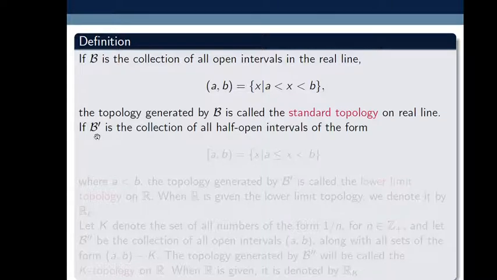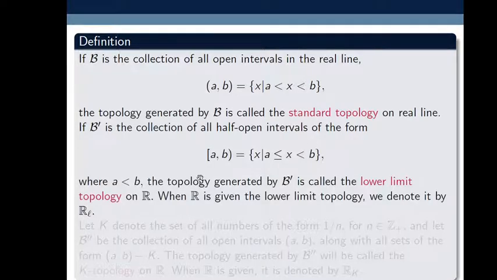If script B dash is the collection of half open intervals of the form half open interval a comma b, that is closed a open b, equals those x such that a is less than or equal to x is less than b.